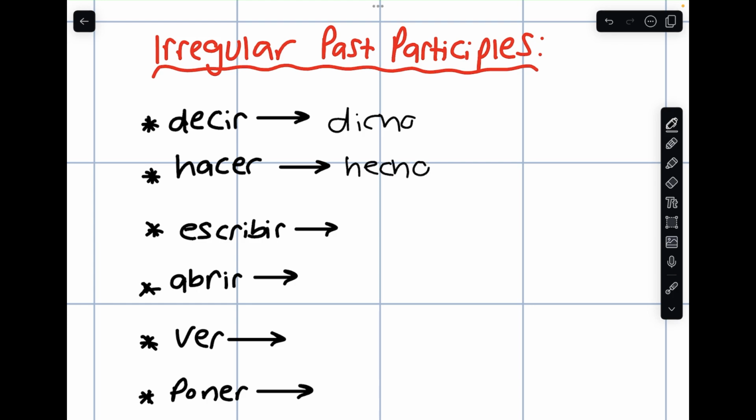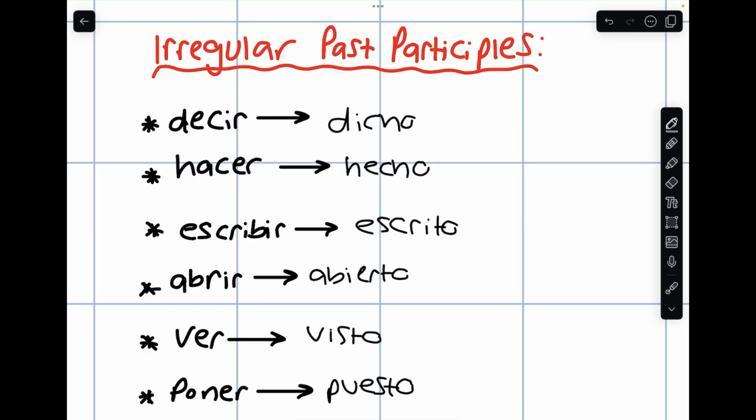It becomes hecho. Escribir does not become escribido, but escrito. Abrir becomes abierto. And ver does not become vido, but visto. And finally, poner becomes puesto rather than ponido.